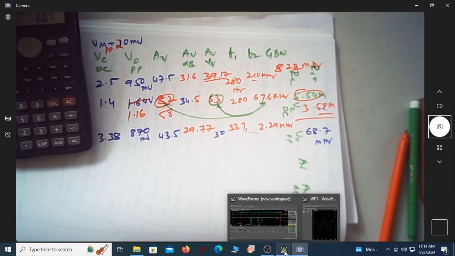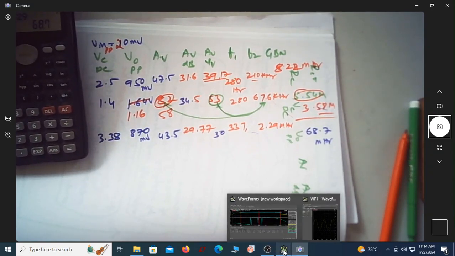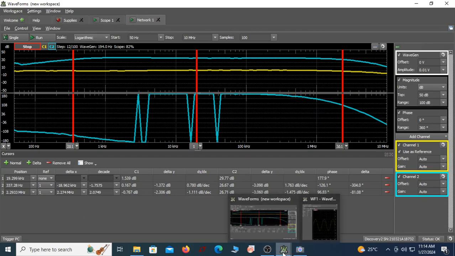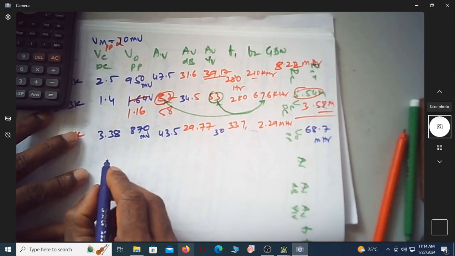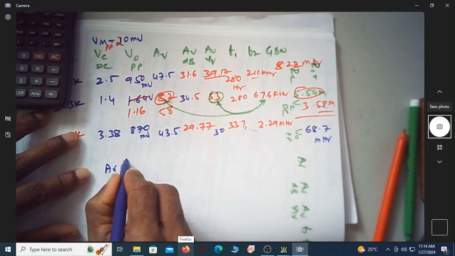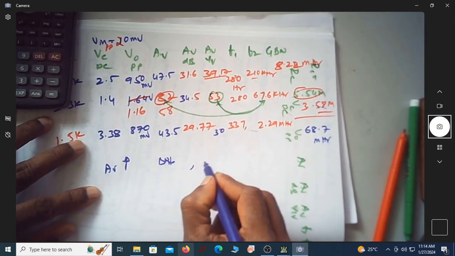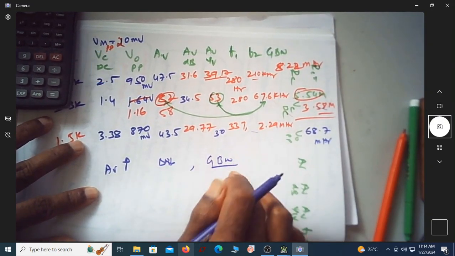So let me just find out. Of course, it is not coming as per expectation. The ultimate thing we are supposed to observe here is, as gain of the amplifier increases, bandwidth should reduce, but gain bandwidth product should remain constant.